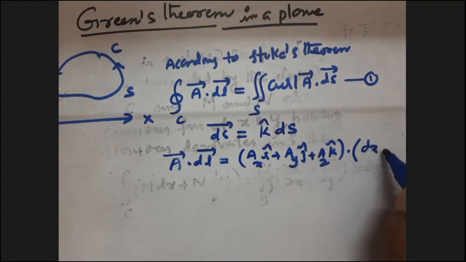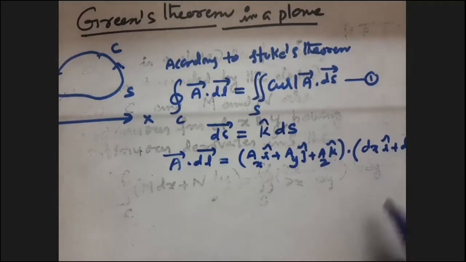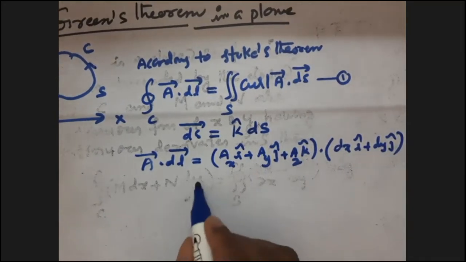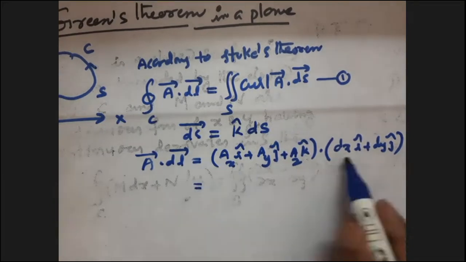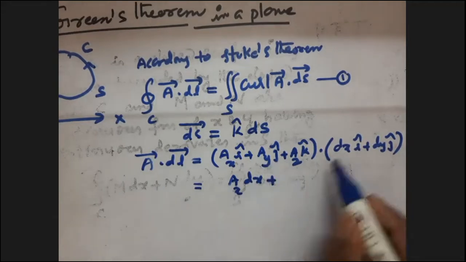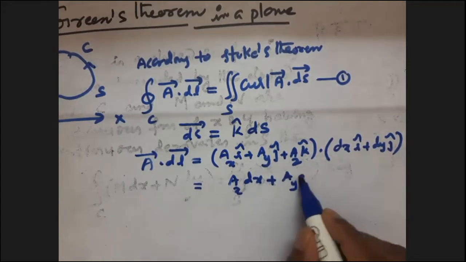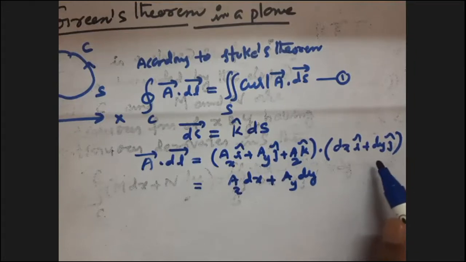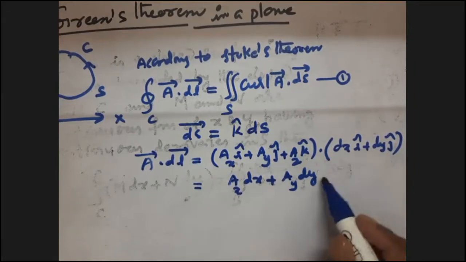That is dx i cap plus dy j cap. Taking the dot product, we get A_x dx plus A_y dy. Here we have no k component, no z component, so that is 0.